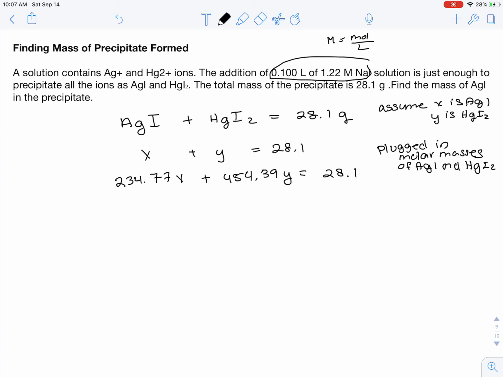I know that sodium iodide was used in both of these reactions to make the precipitate. So I can figure out the amount of moles of iodide in the solution.